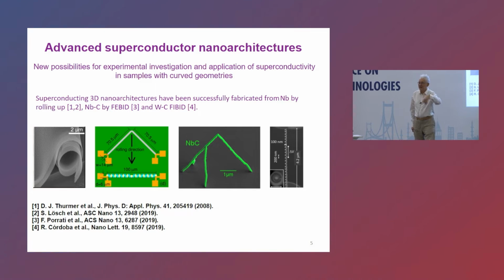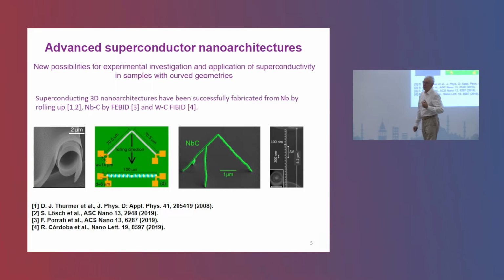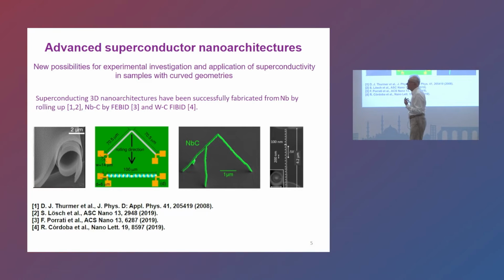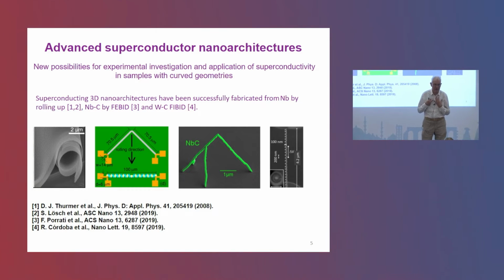I went already a little bit ahead of this slide, but so these are examples of representative three-dimensional nanoarchitectures which were fabricated really. So what I am telling you about is a theoretical work, but it has been motivated by these wonderful advancements in fabrication and characterization technologies. This is an example of self-rolled nanotube.